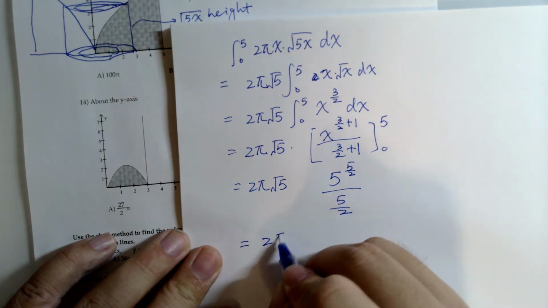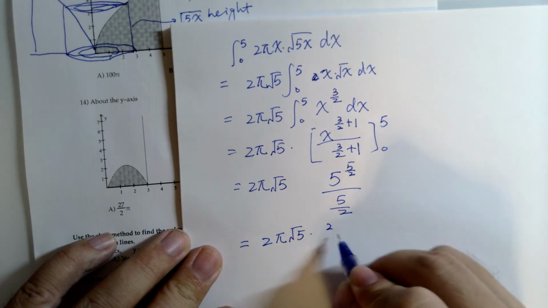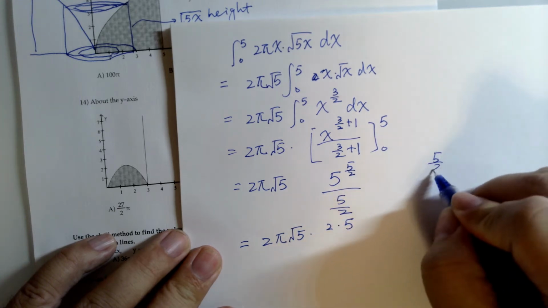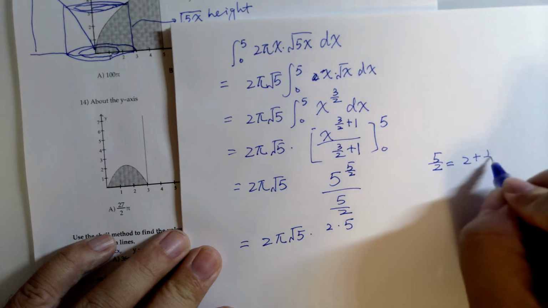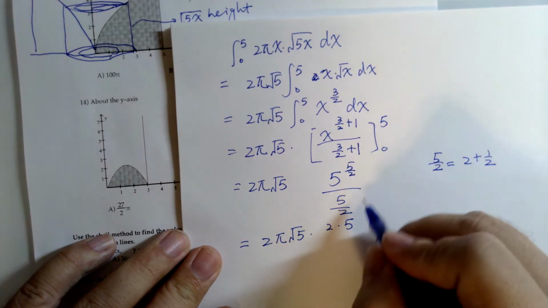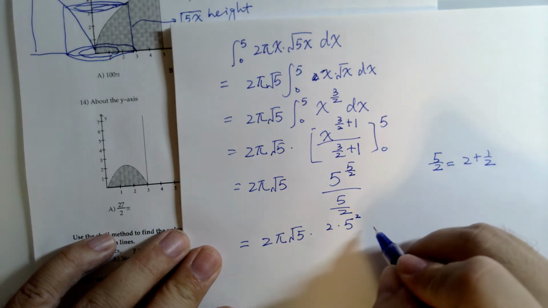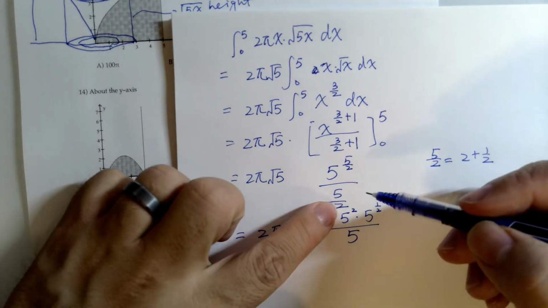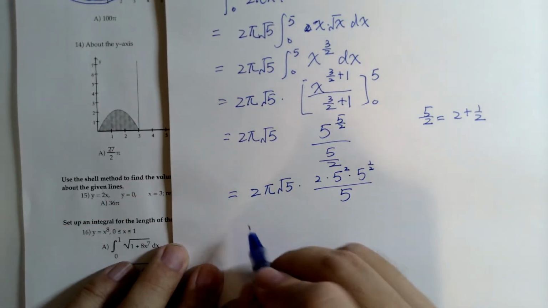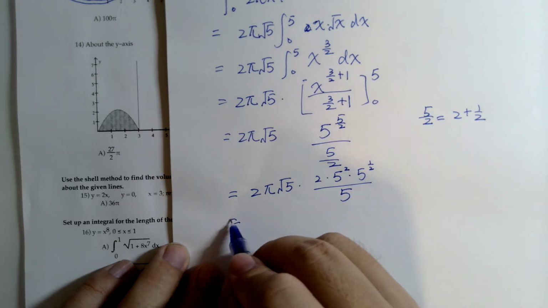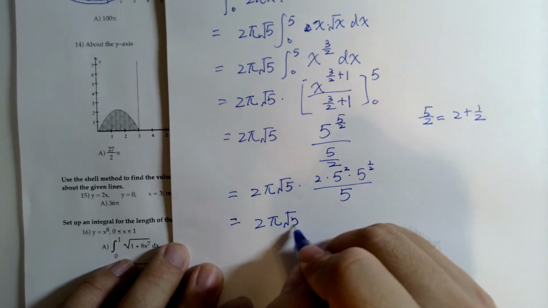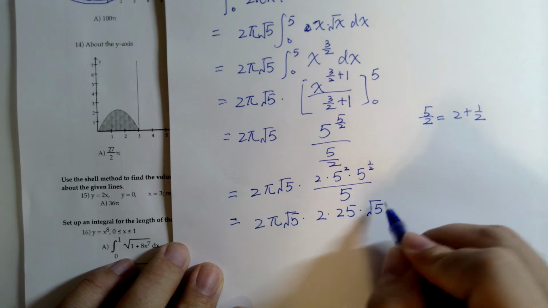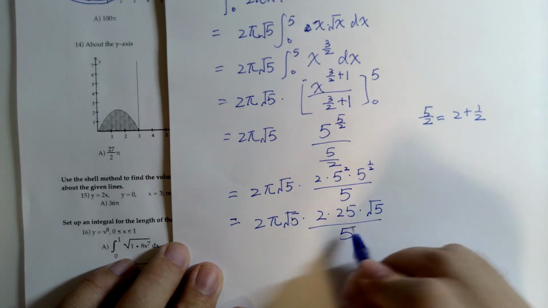First of all, we have 2 pi square root of 5 times 2 times 5 to the power 5/2 over 5. 5/2 can be written as 2 plus 1/2, so it can be written as 5 squared times 5 to the power half, and then over 5, because I flipped this up. So we have 2 pi square root of 5 times 2 times 25 times square root of 5, over 5.